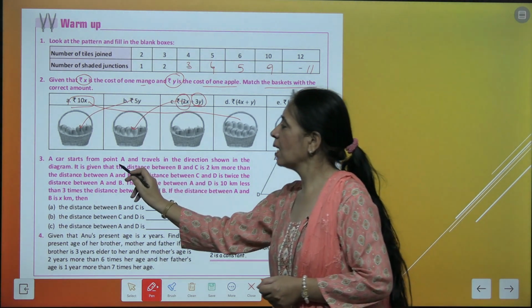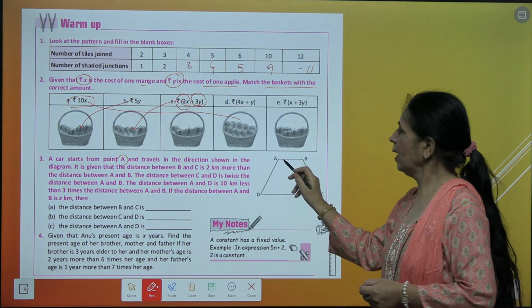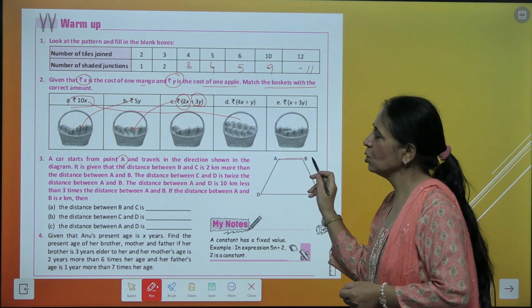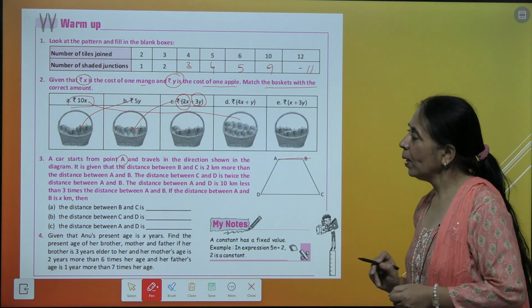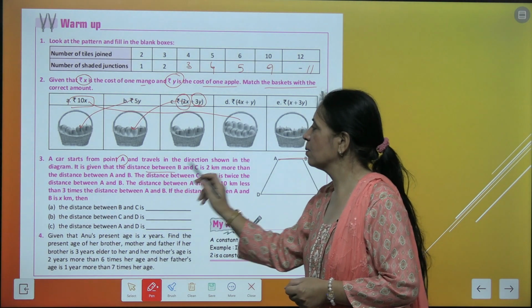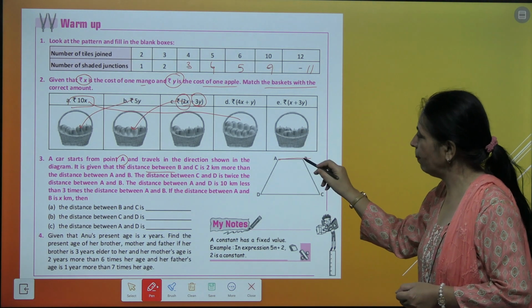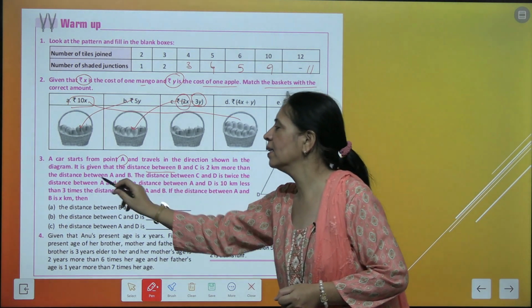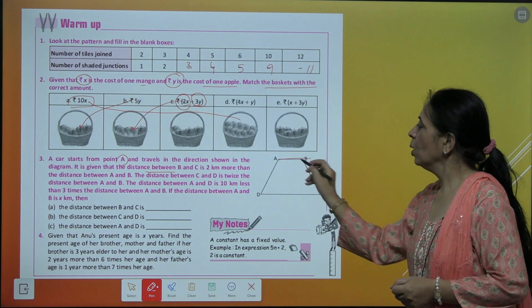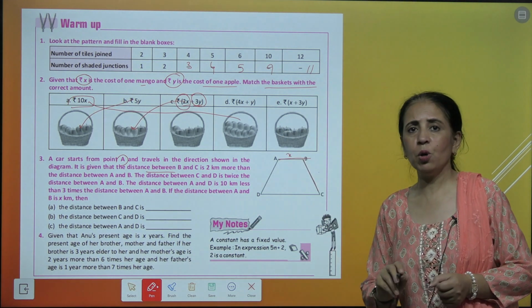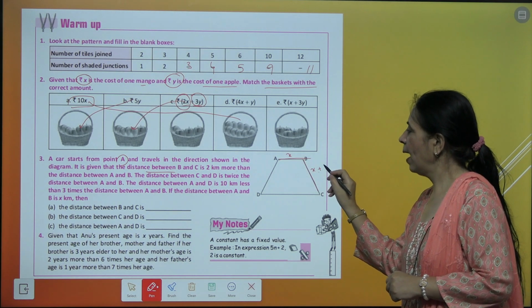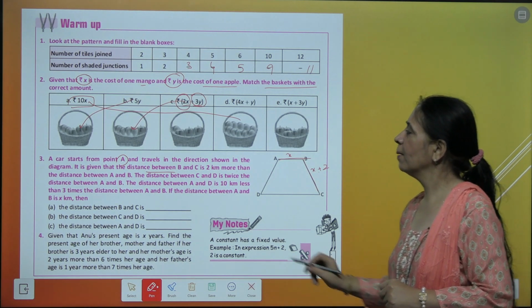A car starts from point A, this is your point A, and travels in the direction shown in the diagram. Now it is given that the distance between B and C is 2 kilometers more than the distance between A and B. We don't know the distance between A and B, so we assume it as x, so here it will be x plus 2, right?